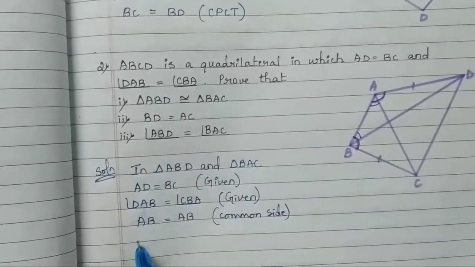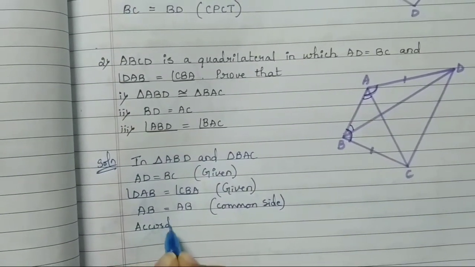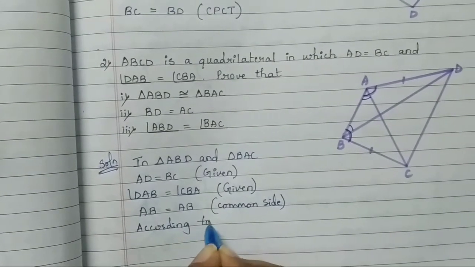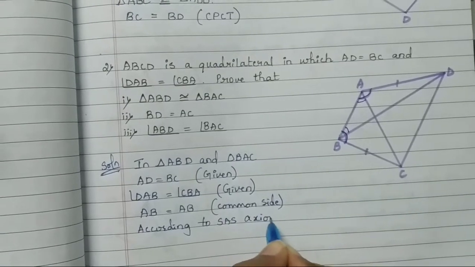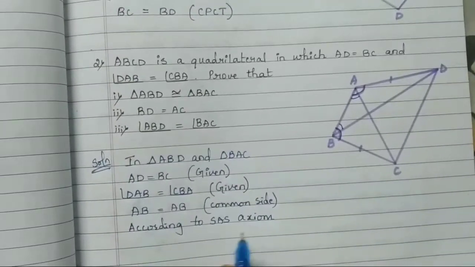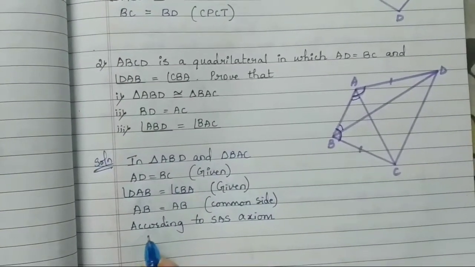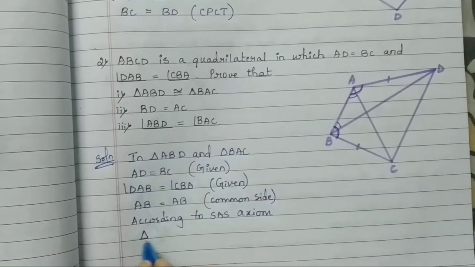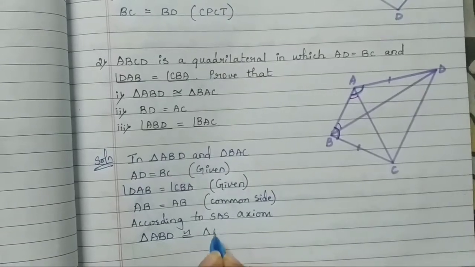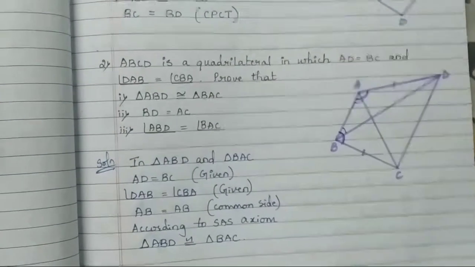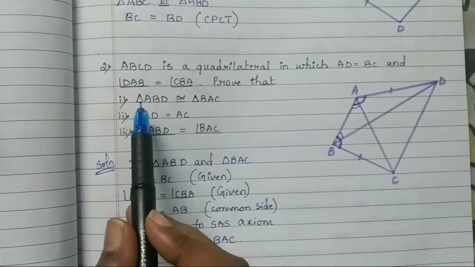So we got two sides and one angle. According to our SAS postulate or axiom, we can say triangle ABD is congruent to triangle BAC. So the first thing is proved here.